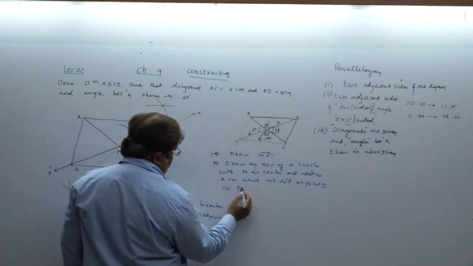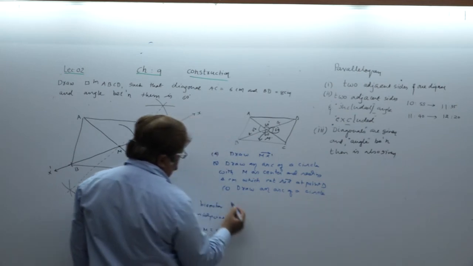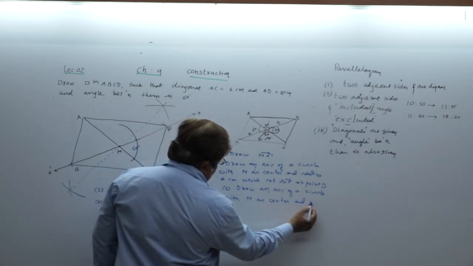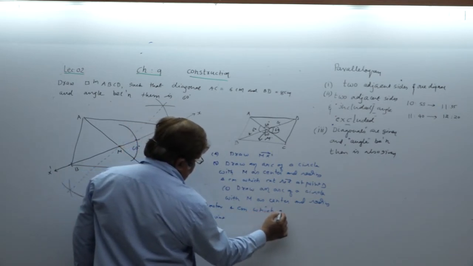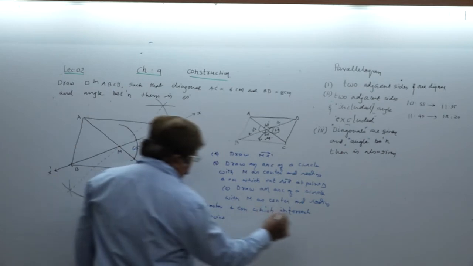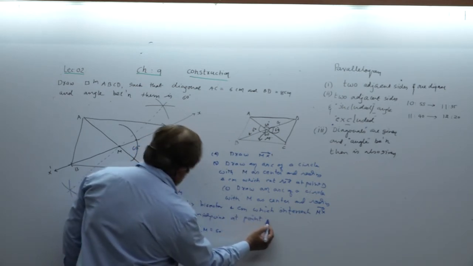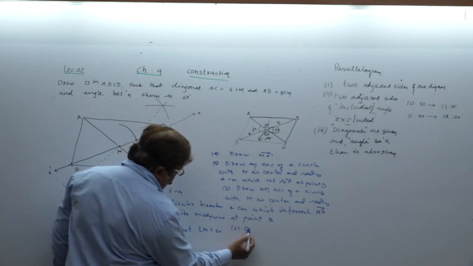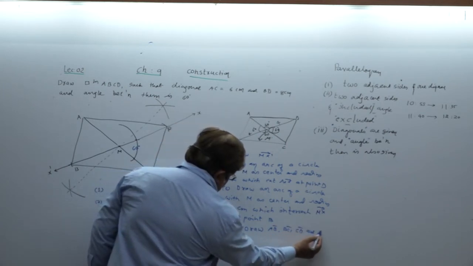Again, you will mention: draw an arc of a circle with M as center again and radius again 4 centimeter, which cuts or intersects ray MX dash at point B. And at last, dear student, draw line segments AB, BC, CD and DA.